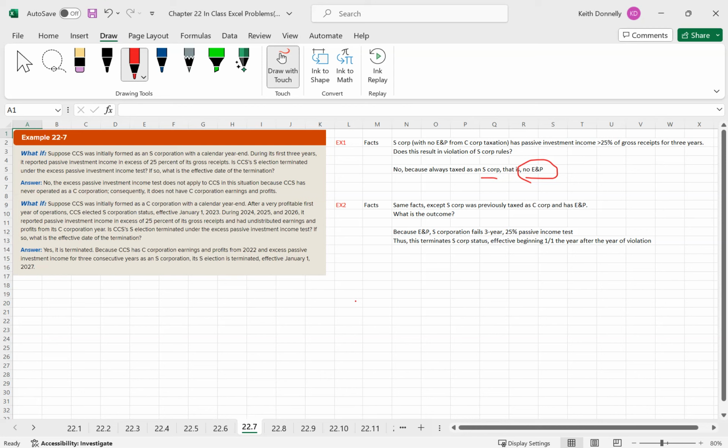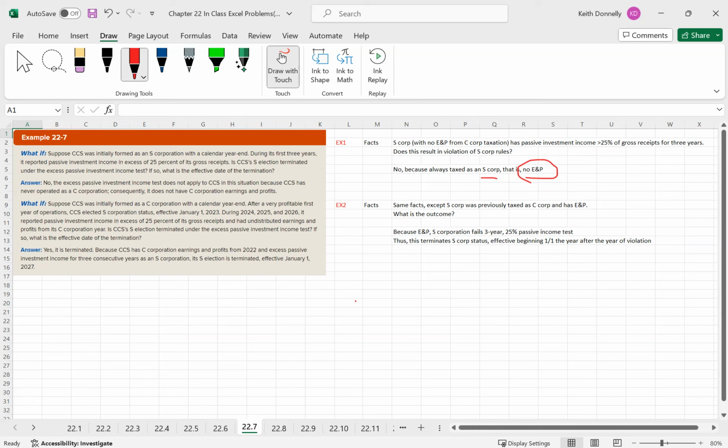That stuff builds up over time, and it's going to be your accumulated earnings and profits. You can think of it like retained earnings. So that's kind of choice 1, where your first 3 years you can be a C Corp, then in year 4 you elect to be an S Corp. In that way, you'll be an S Corp with E&P from the prior years that you were a C Corp.